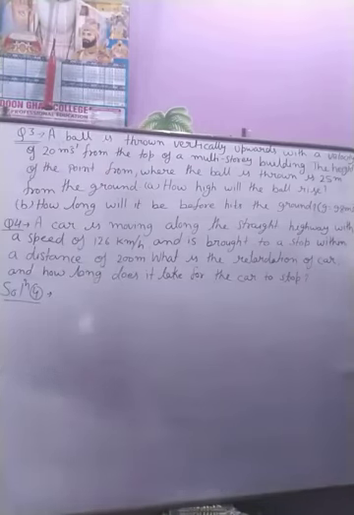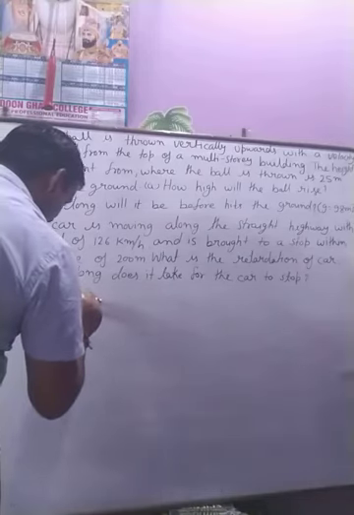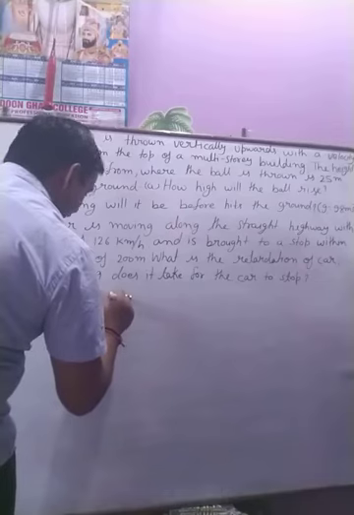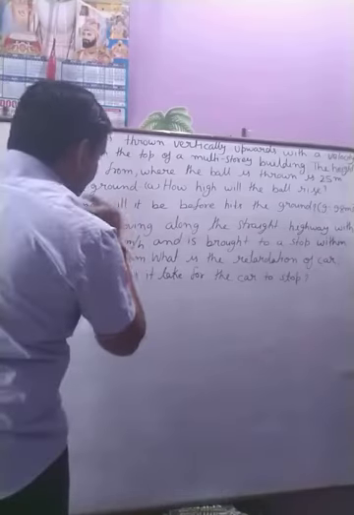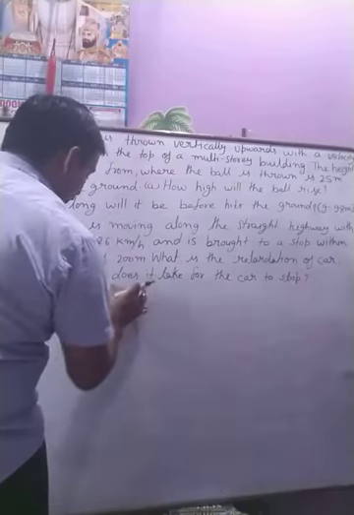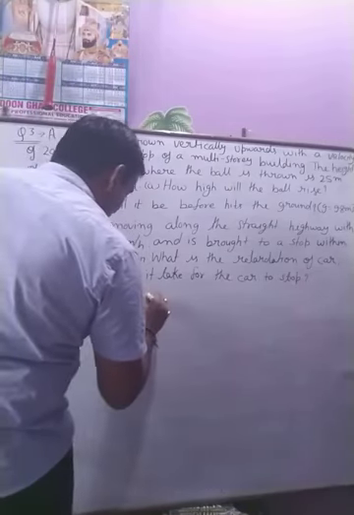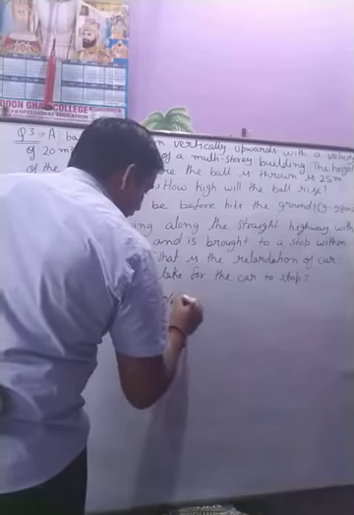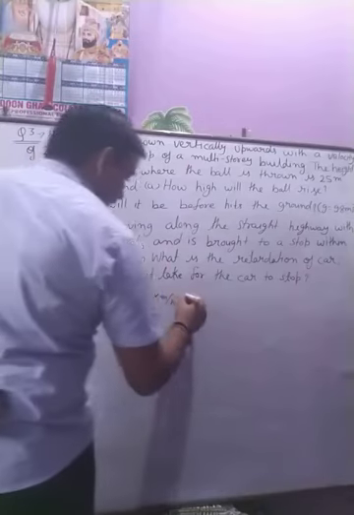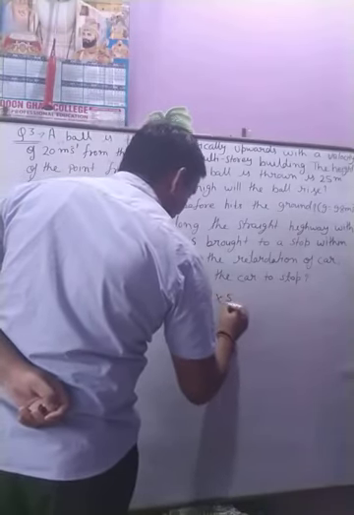Okay. So, given that initial speed of car is u is equal to 126 kilometer per hour. Convert it into meter per second. 126 into 5 by 18 meter per second.